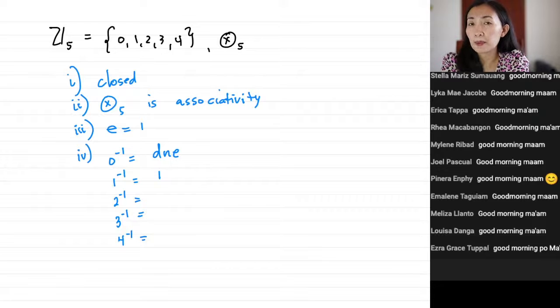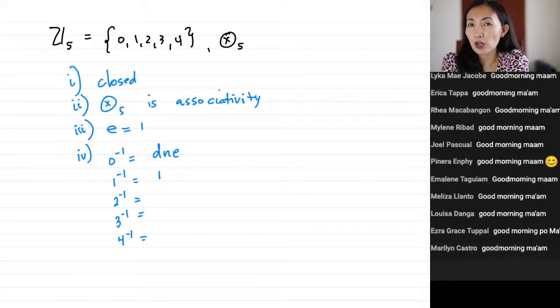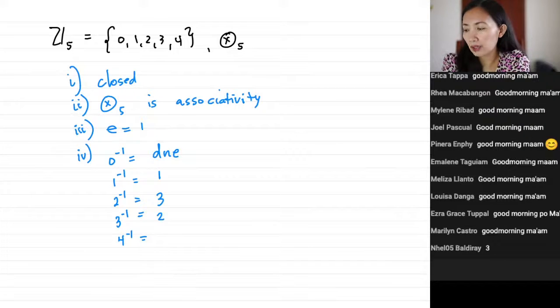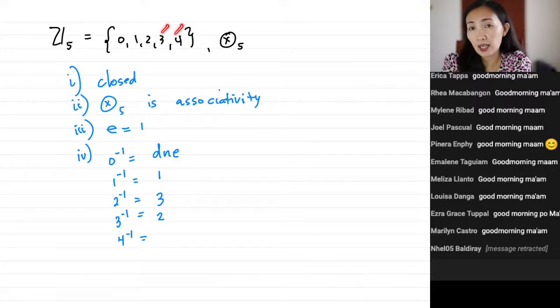Yes, because 2 times 3 is 6, and 6 modulo 5 is 1. So meron. 2 inverse is 3. 3 inverse is 2. Eh si 4 inverse kaya meron ba? 4 times 0 is 0. 4 times 1, 4. 4 times 2, modulo 5 is 3. 4 times 3, 12, modulo 5 is 2. 4 times 4 is 16, modulo 5 is 1.